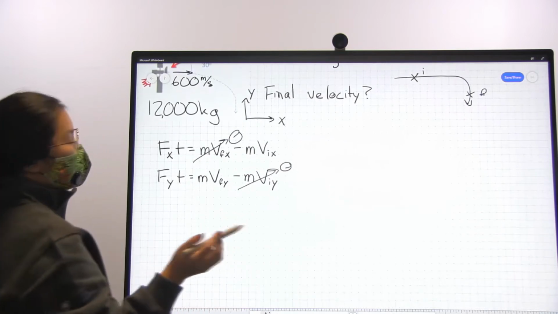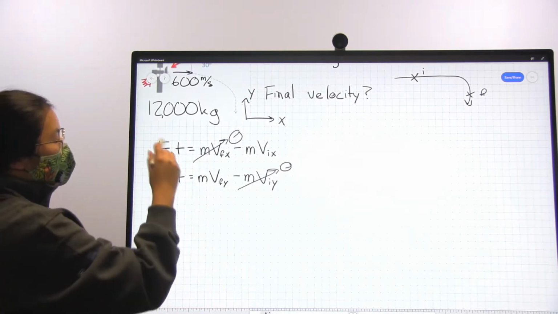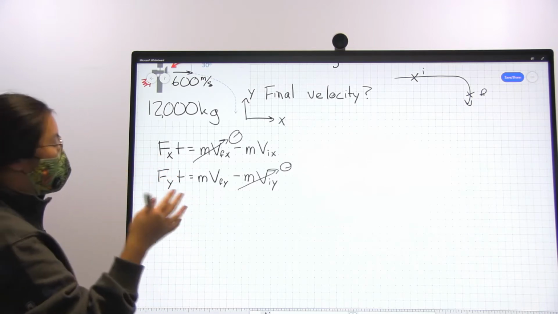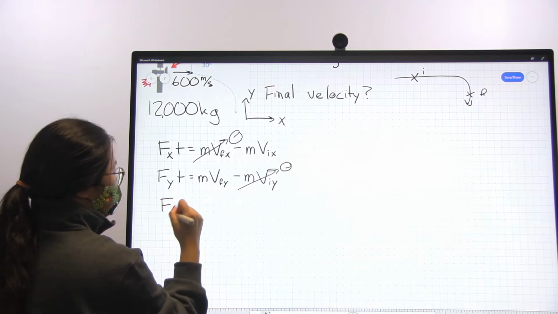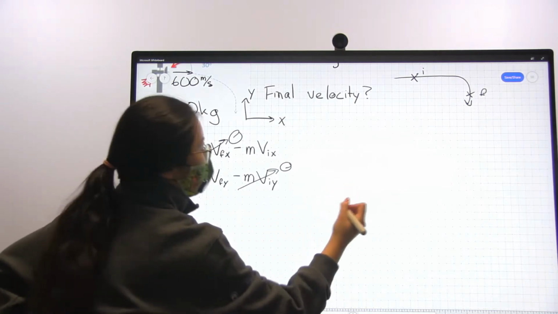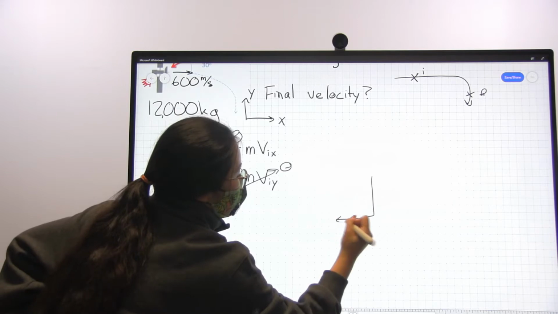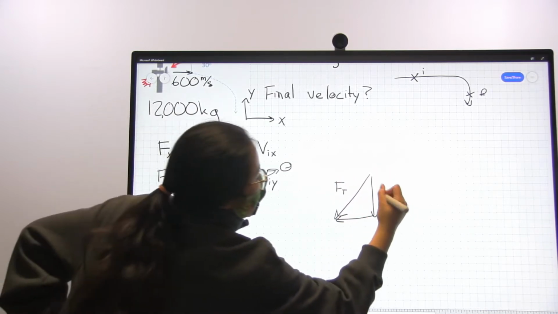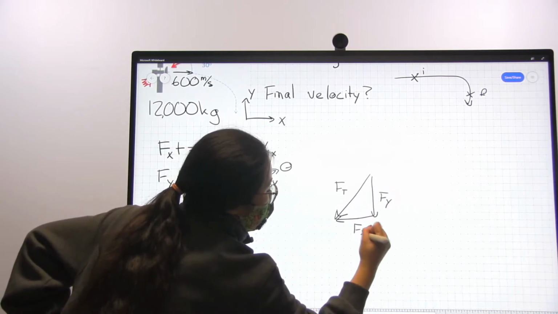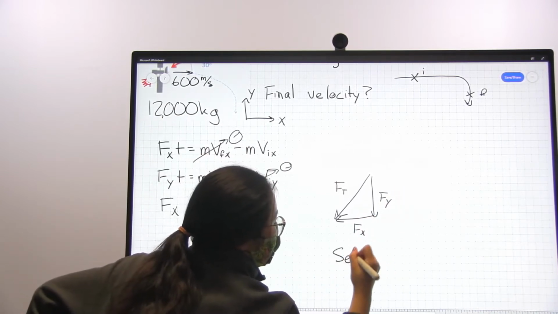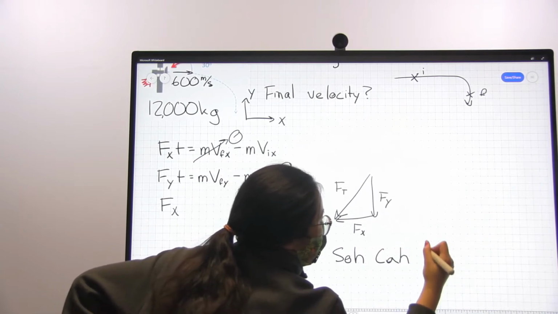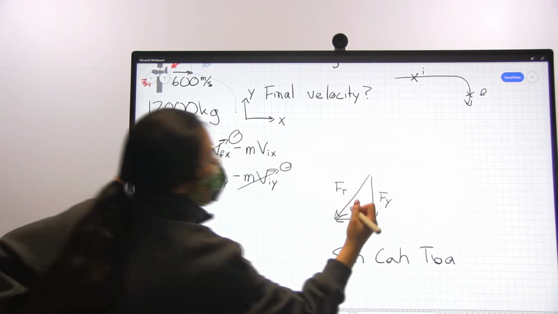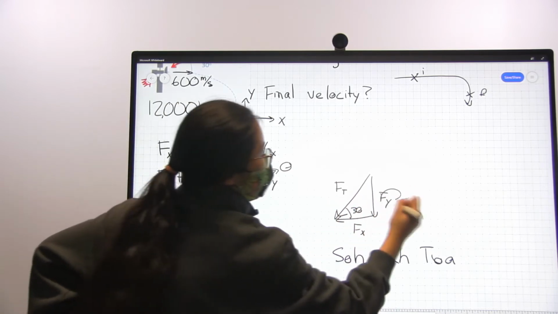Now we're going to substitute in our F of t and make our F of t equal to some form of F_x and F_y. F_x, so quick note, if you can make a triangle, and you can imagine that this is F_t, this is F_y, and F_x, using SOHCAHTOA, we can see that the opposite to the 30-degree angle is F_y, and so this is going to be sine.